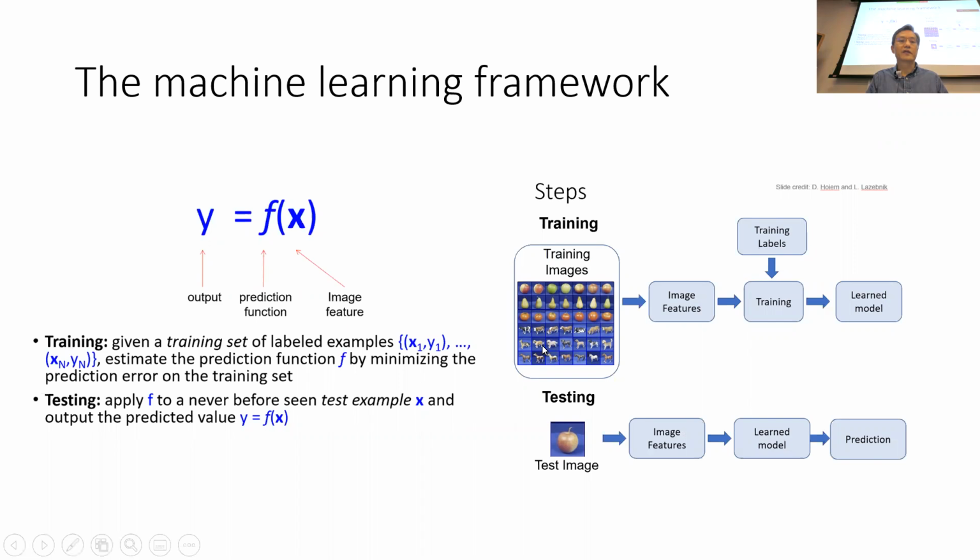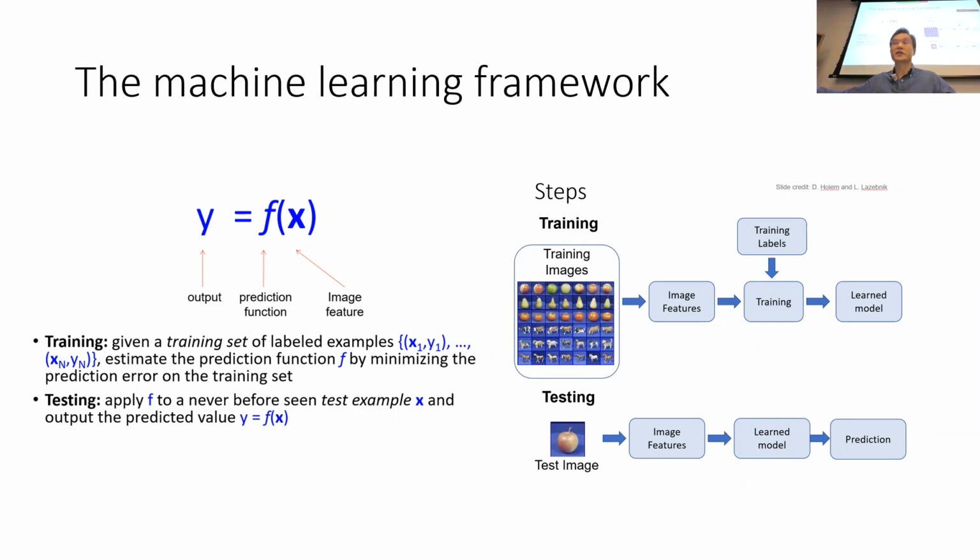Okay, so we call this function the prediction function. You have input X and your output is Y. When you do the training, you don't rely on a small number of training images here. You have to have a large set of data in order to let the prediction function explore the search space.